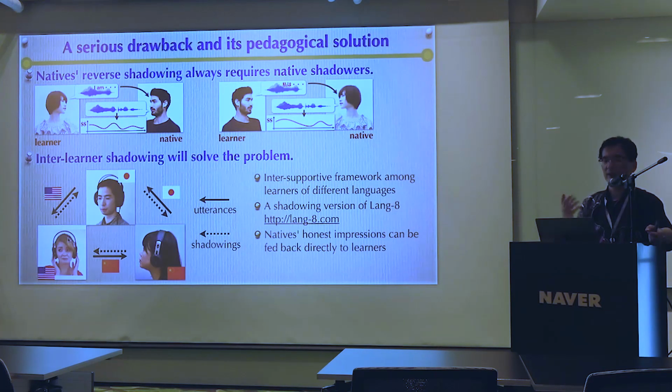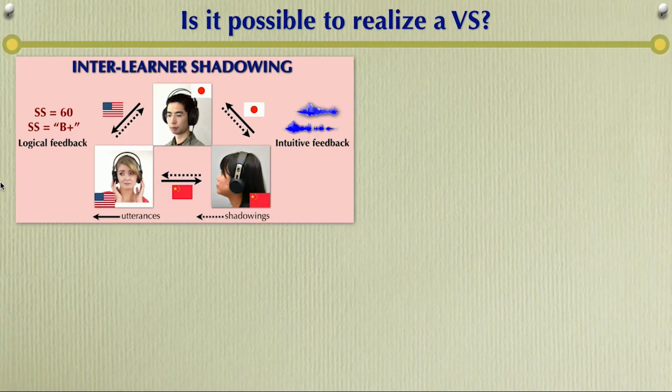Okay? If you want to tell lies, you have to wait and do deep guessing. And that is not shadowing. Okay? And then, inter-learner shadowing. So we may be able to collect data from learners of any languages. So I think you can point out this is a data collection framework with annotation.